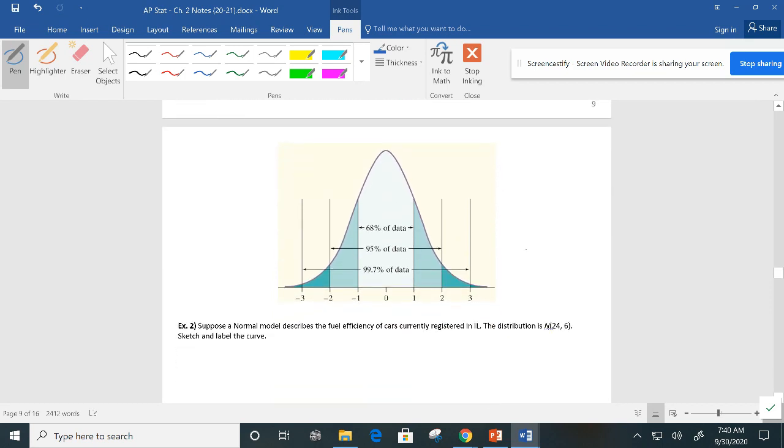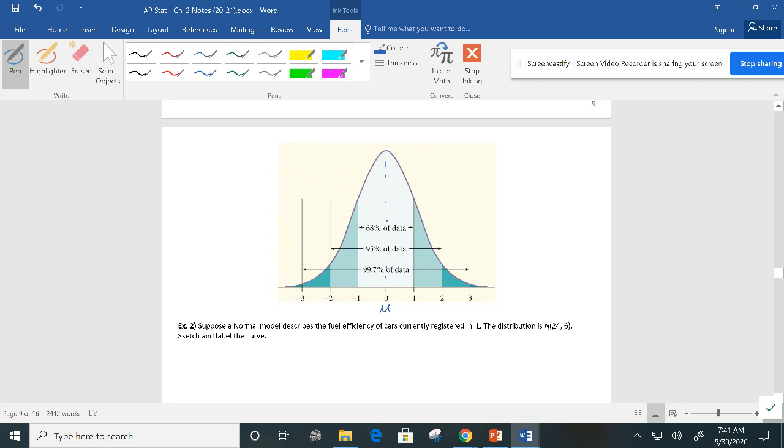We can see it drawn in terms of the actual normal curve. If this is where our mean, mu, is, and we're going up or down by a standard deviation each time, I want to add some values in here.